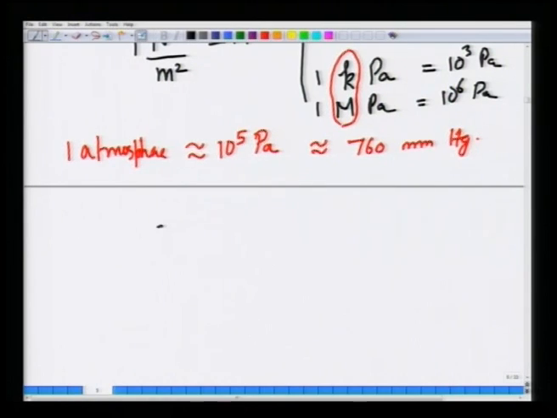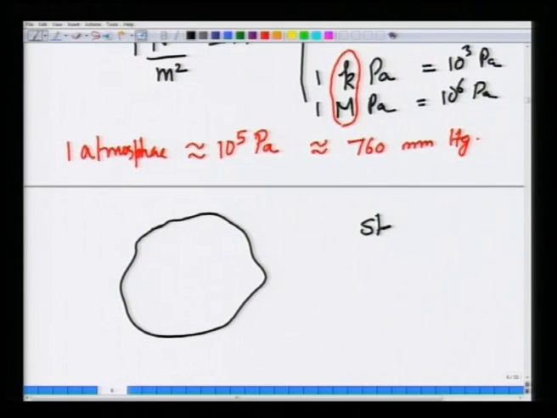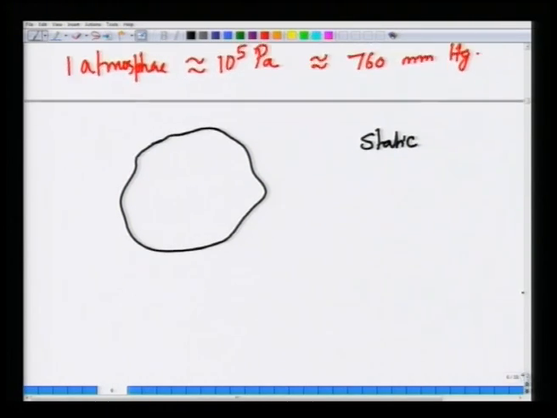If you take any macroscopic volume element in a static fluid, I have just told you that the force exerted by the surrounding fluid on the surface of this volume element will be purely normal to the surface, and it is compressive.